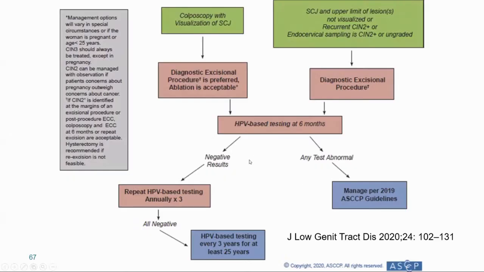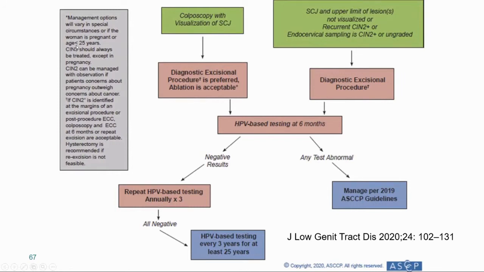Now, the treatment of HSILs is, in most circumstances, colposcopy and a diagnostic excisional procedure. However, I'm including this algorithm from the latest guidelines by the American Society of Colposcopy and Cervical Pathology, because there are certain instances in which a diagnosis of HSIL will not lead to a surgical excision.